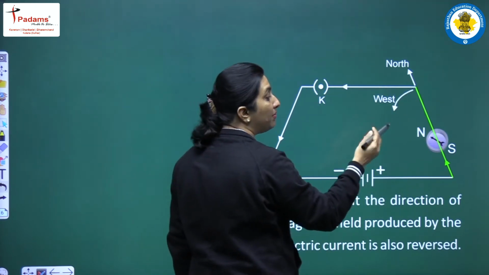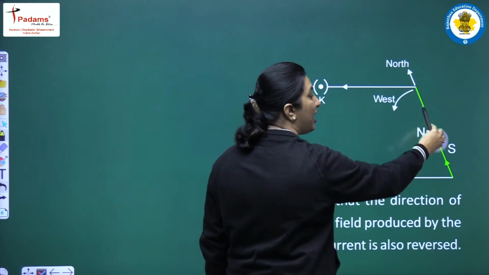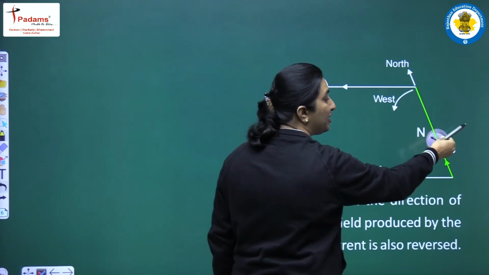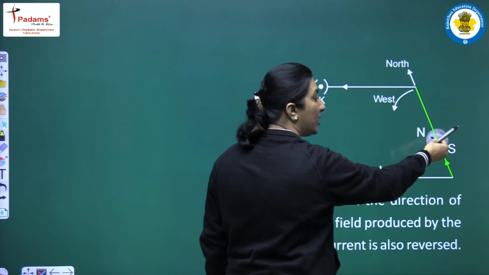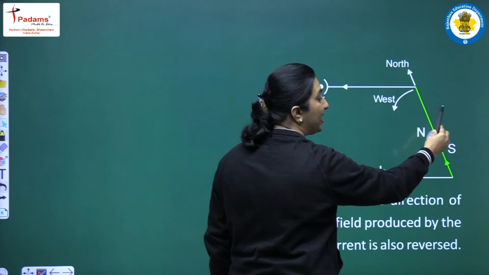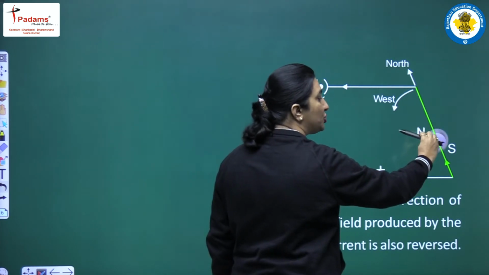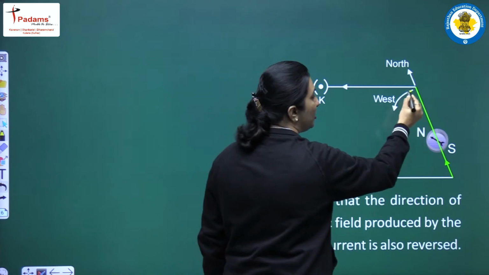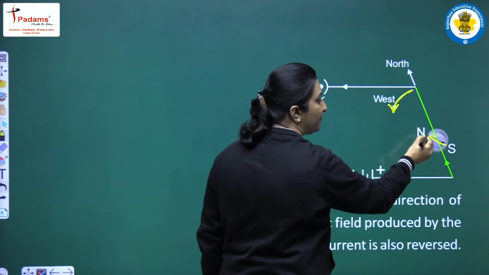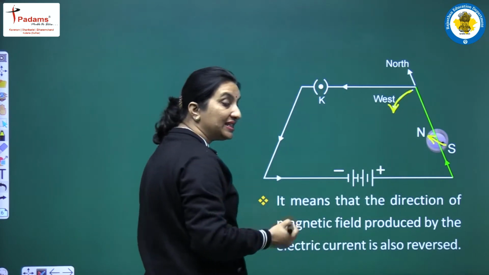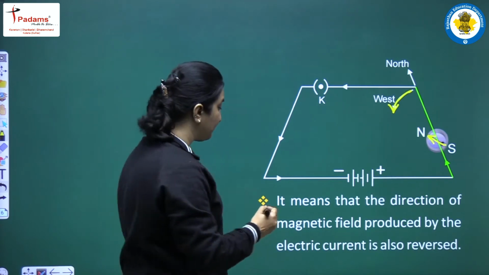So the compass needle which was initially pointing towards the north and which got deflected towards the east when the current was flowing in the earlier direction has now been reversed. That is, the compass needle is now deflected towards the west when the current is reversed in the circuit.